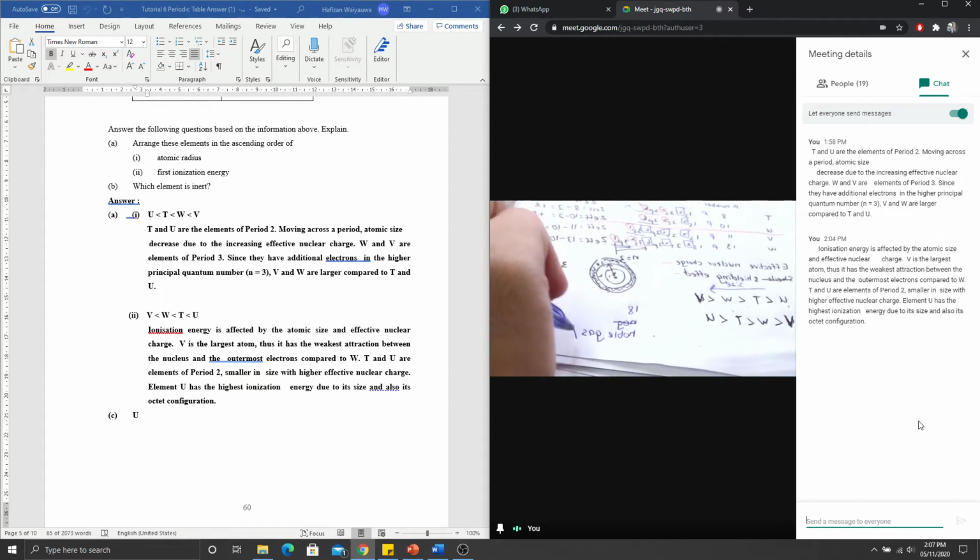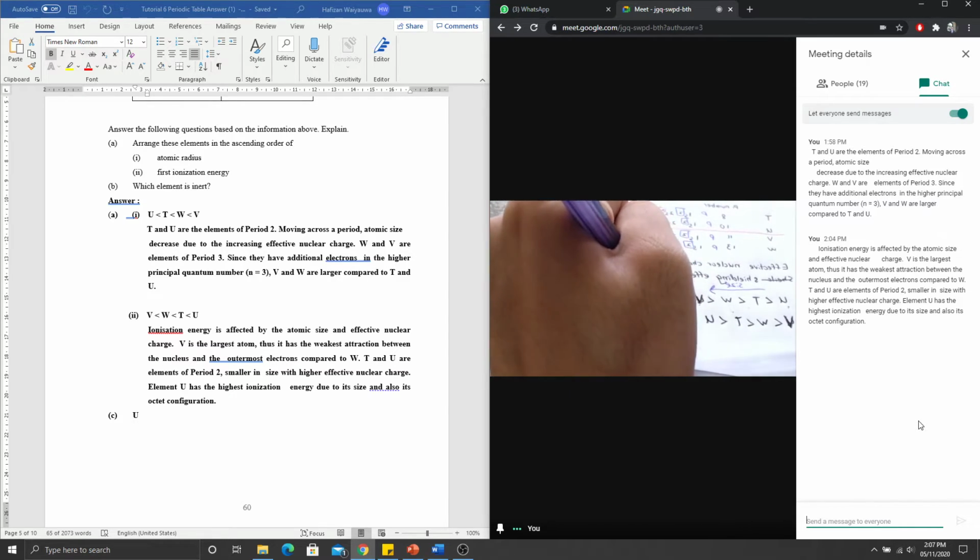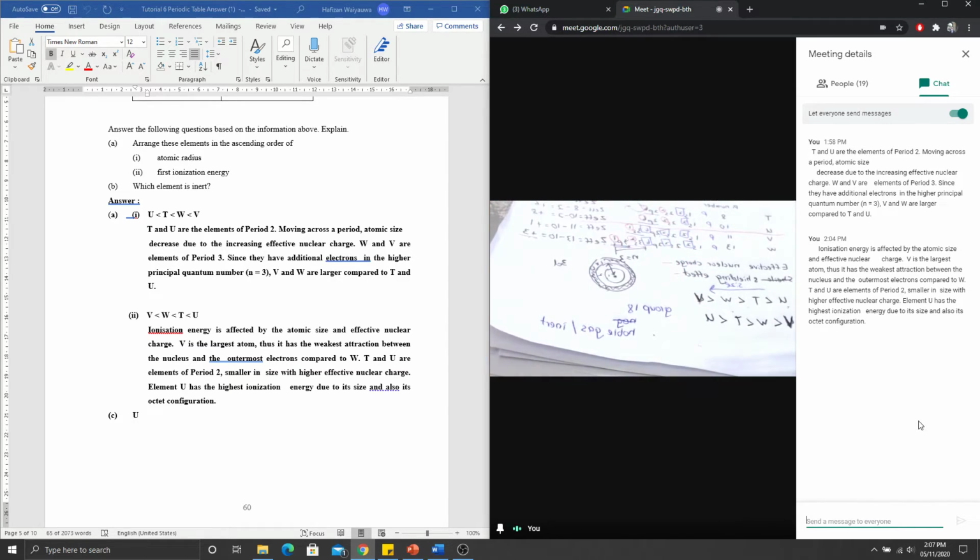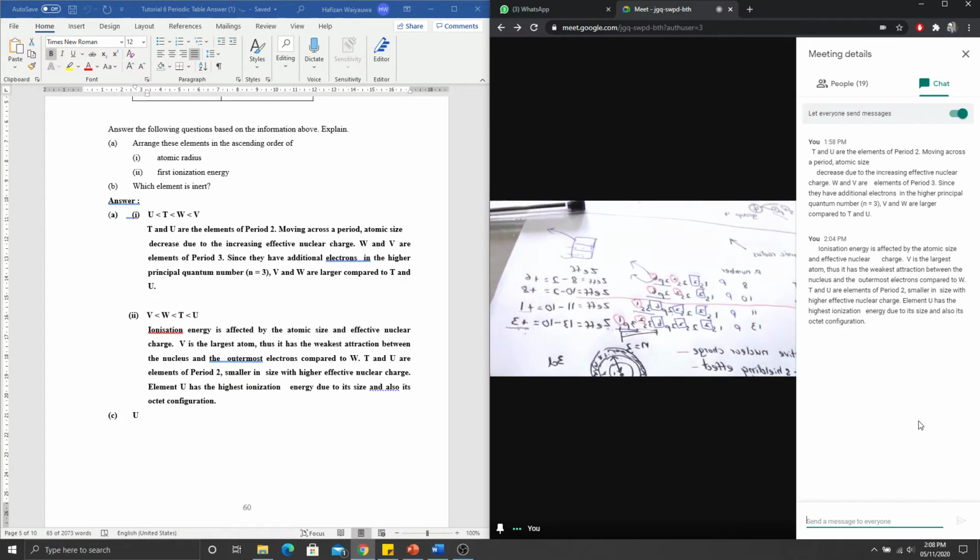Noble gas or inert. Okay, group 18 is noble gas or inert. From the electronic configuration, ada tak kat sini yang group 18? Ada. Okay, which one?